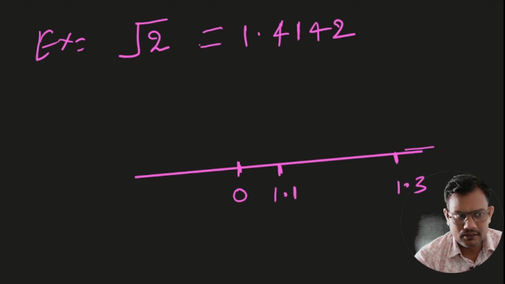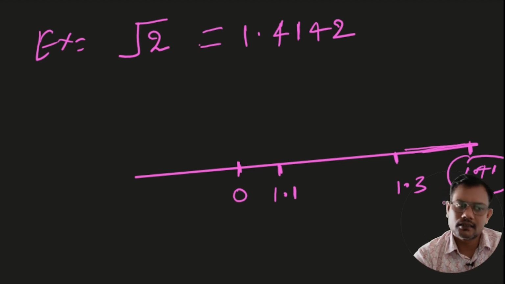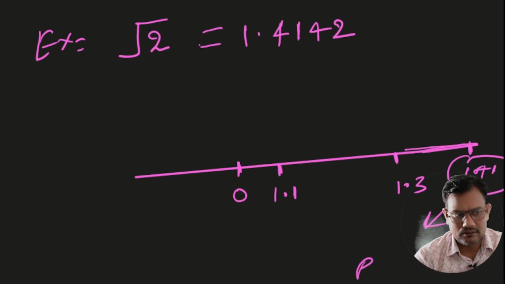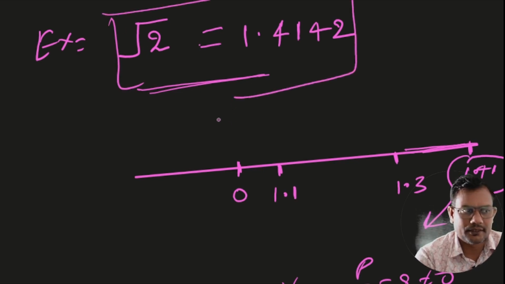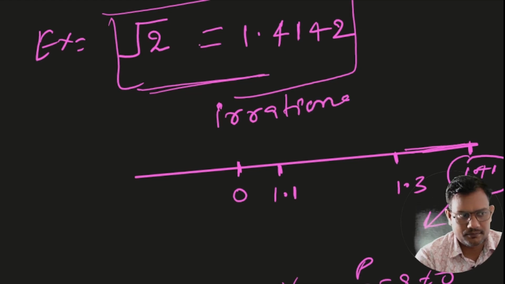Root 2, which is 1.414, lies somewhere here, which is not in the form of p by q. That's why we can say that root 2 is an irrational number.